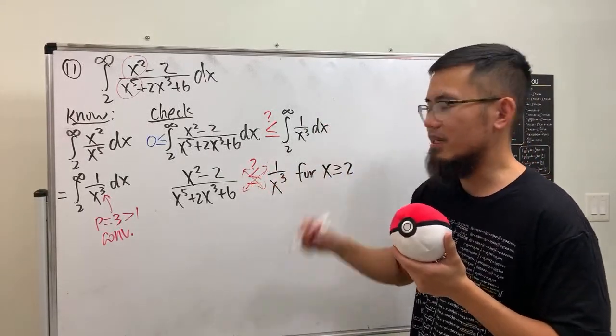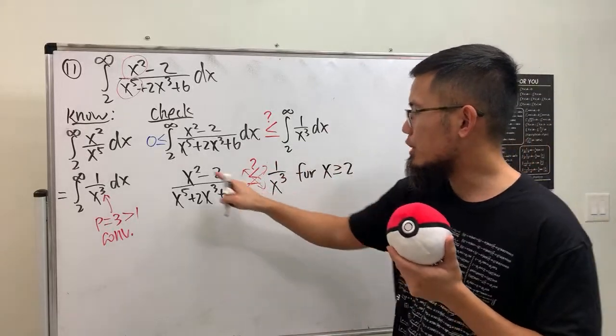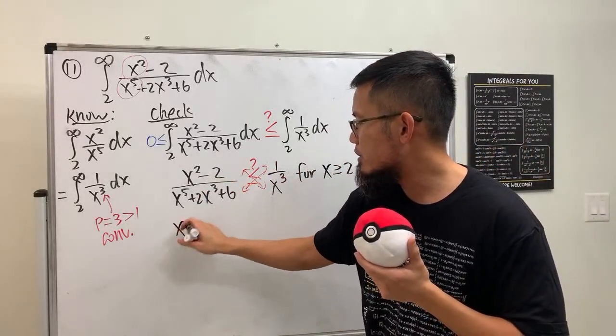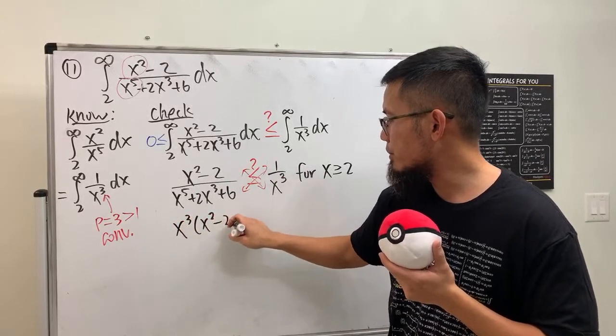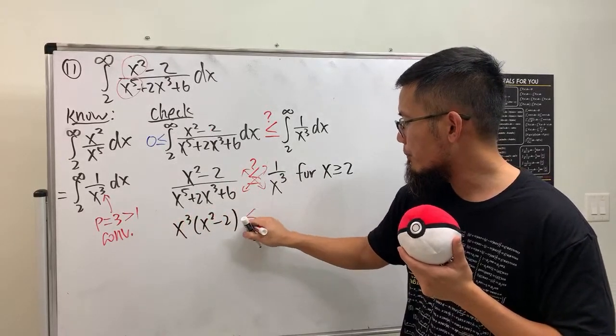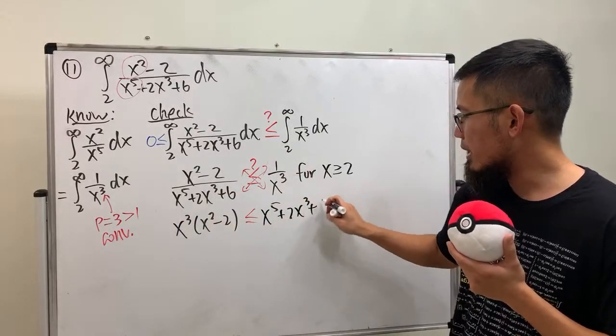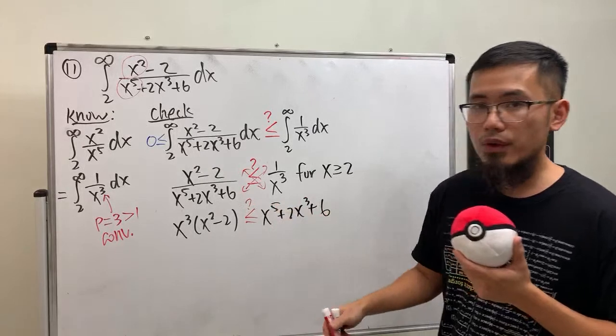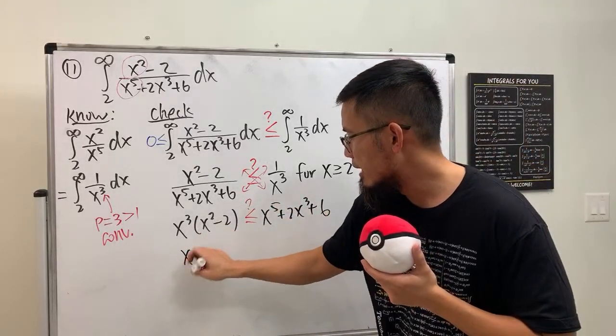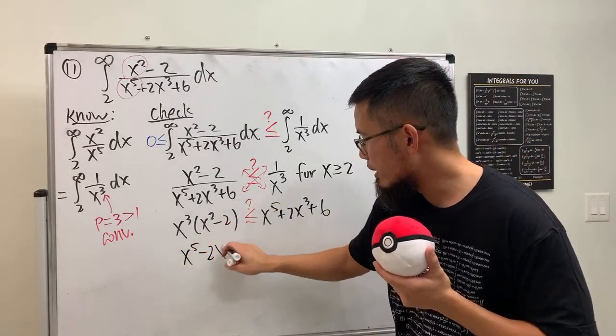That's perhaps the way that people like. Multiply this right here. We get x to the third power times x squared minus 2. Is this less than or equal to x to the 5 plus 2x cubed plus 6? Well, this right here is x to the 5 minus 2x cubed.